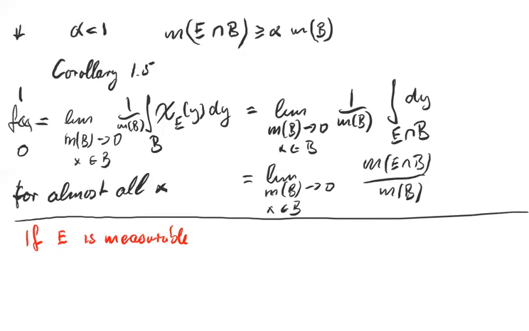Essentially, there exists an open set which is almost the same as E. And every point x in this open set is an interior point of O, right?